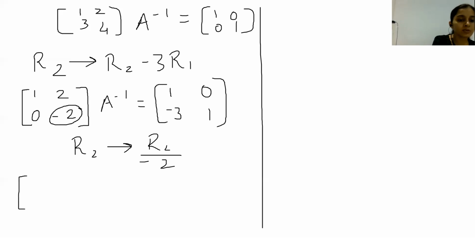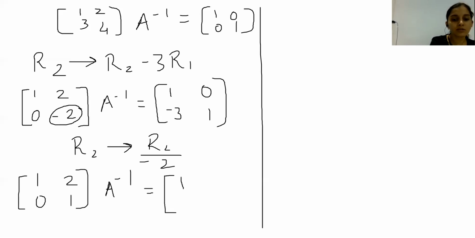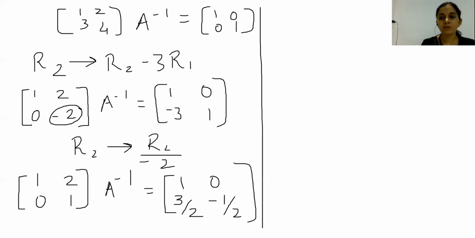So this will be 1, 2, first row as it is, 0, minus 2 upon minus 2, that is 1, A inverse as it is, equal to, okay, 1, 0 as it is. Second row has to change, so minus 3 divided by minus 2 will be 3 divided by 2, and 1 divided by minus 2 is minus 1 divided by 2, okay.